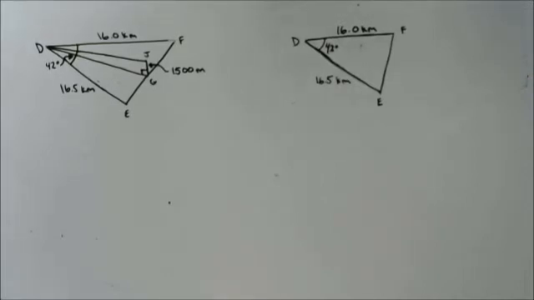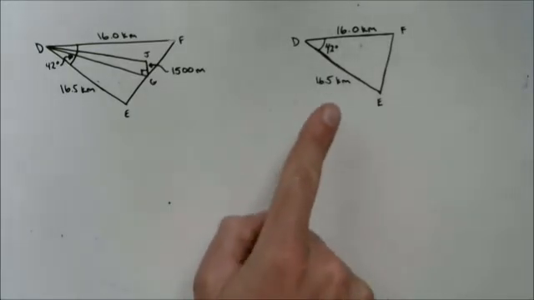Fosterville is 16 kilometers east of Danburg, and Emerytown is 16.5 kilometers from Danburg in a direction of 42 degrees south of east. So I've taken that information and, just on the ground level triangle, ignoring the hot air balloon from Justine, I drew that here on the right.